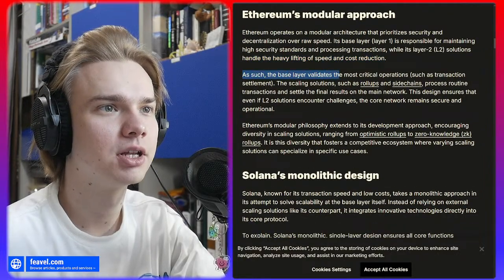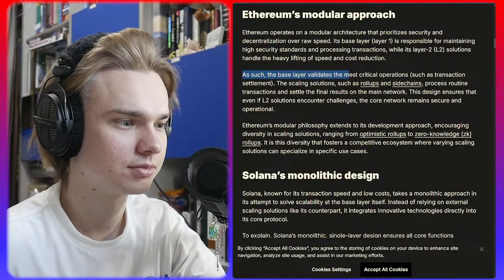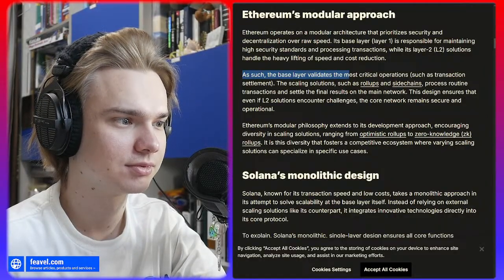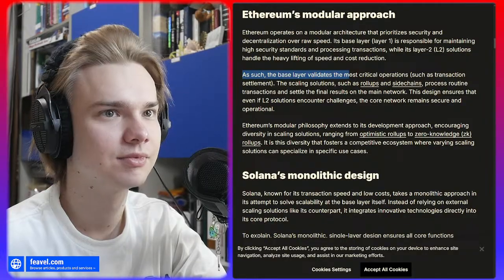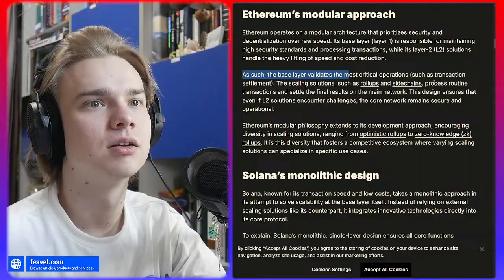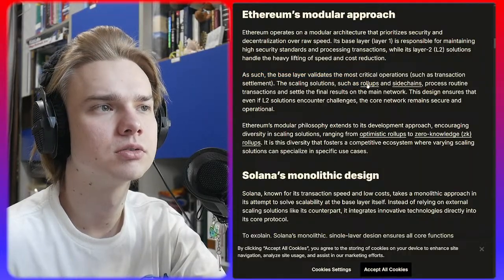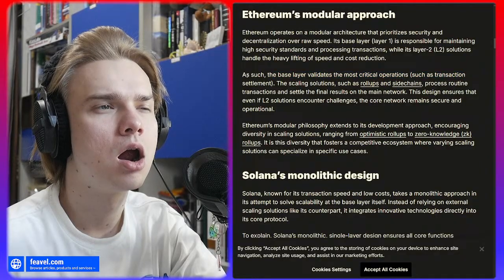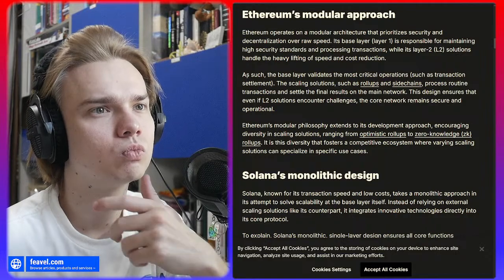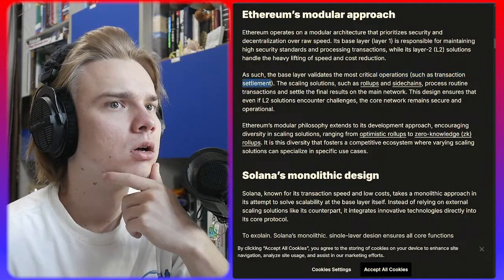As such, the base layer validates the most critical operations, such as the scaling solutions such as rollups and sidechains. Okay.